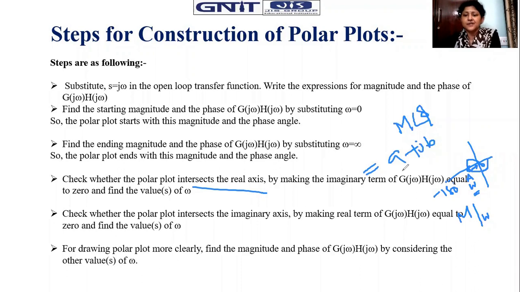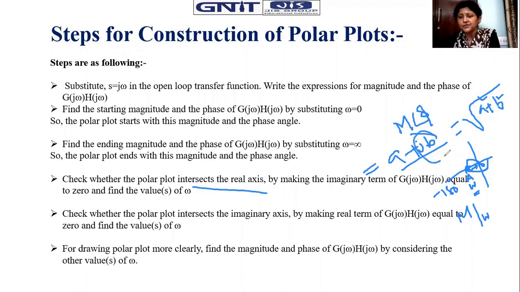Or the other way is to go straight where you get the magnitude, square root of a square plus b square. But how can you find the omega at which you get the magnitude? The imaginary part will be 0 at the real axis while it is crossing, because it is a completely real value.